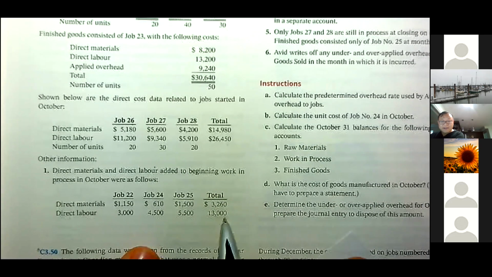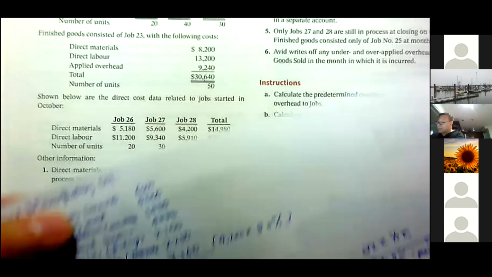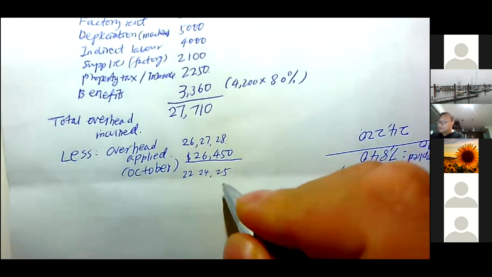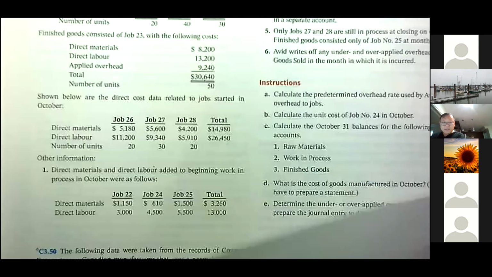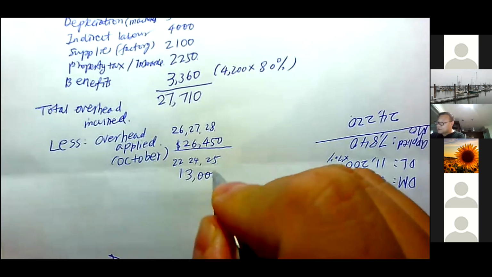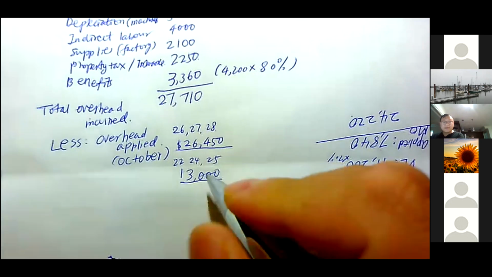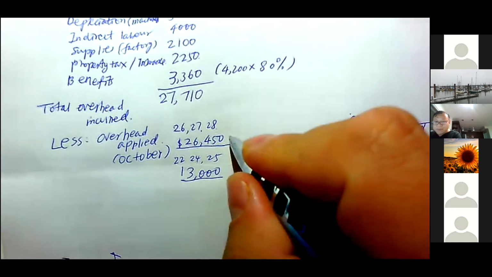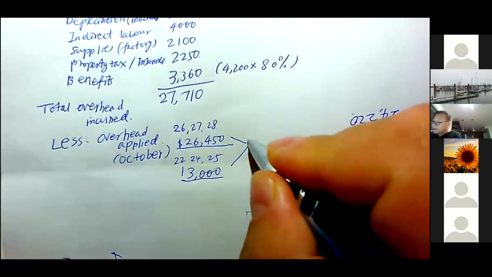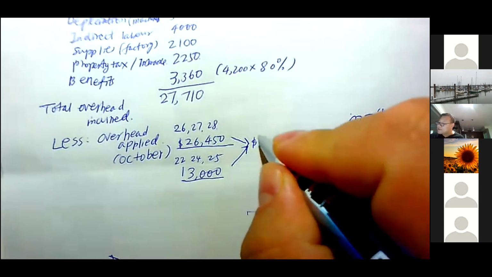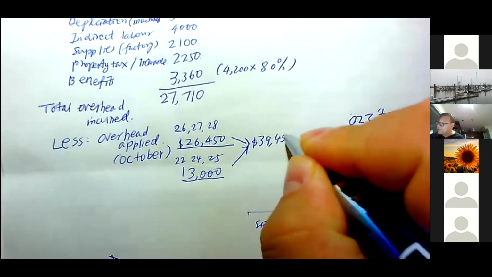Did you see? So what's the total now? Add these two together, and I have 39,450.